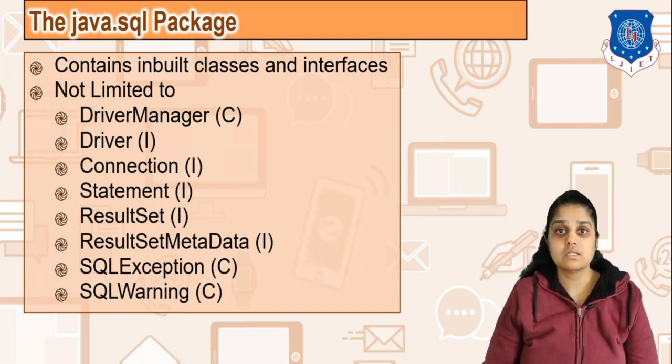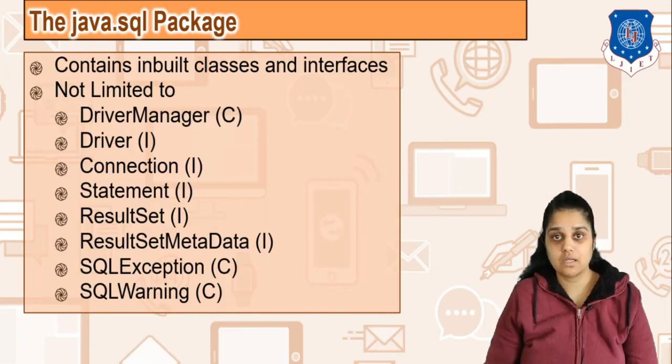Next is the ResultSet. Now ResultSet is anything which is retrieved from the database and given to the Java application. So all that is stored in your ResultSet. So your ResultSet is a kind of an iterator or a looping sort of structure which is going to help you to retrieve from the database. So it's a very important interface. Next is the ResultSetMetaData interface.